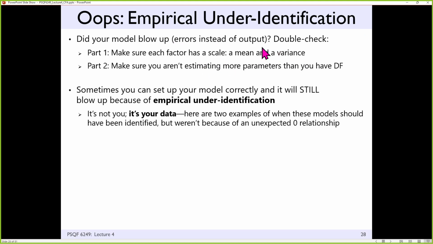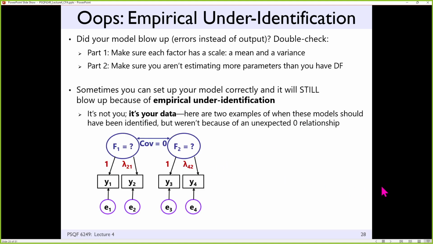So once you've gone through the checklist here, does every factor have a mean and a variance? And does every factor have at least 3 items, or constraints if you only have 2? Then there are a couple examples when you would still be under-identified, even though you've done everything right. Here's one of them. Each of these factors here is locally under-identified.